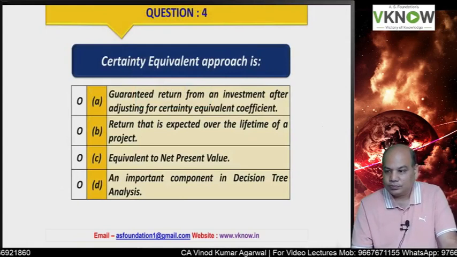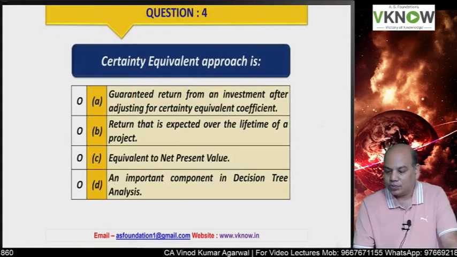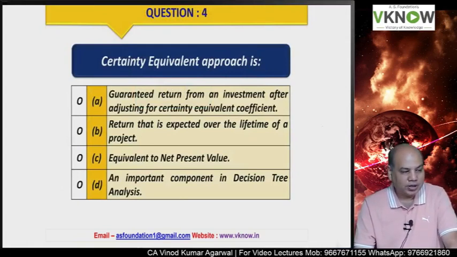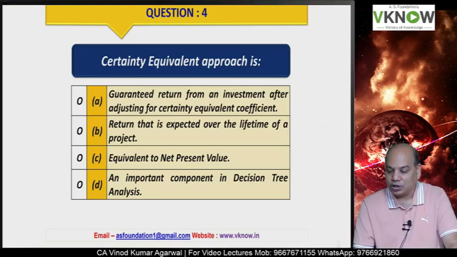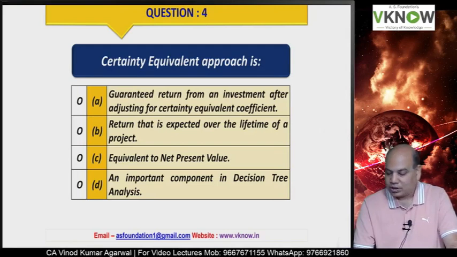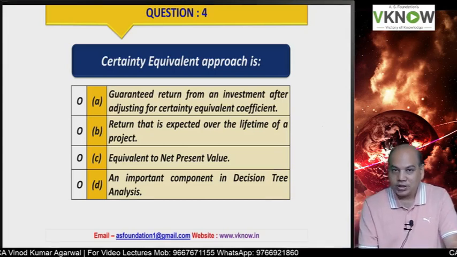Question number 4, certainty equivalent approach is, option A, guaranteed return from an investment after adjusting for certainty equivalent coefficient, return that is expected over the lifetime of a project, equivalent to net present value, an important component in decision tree analysis.